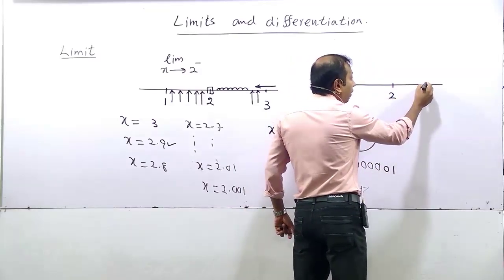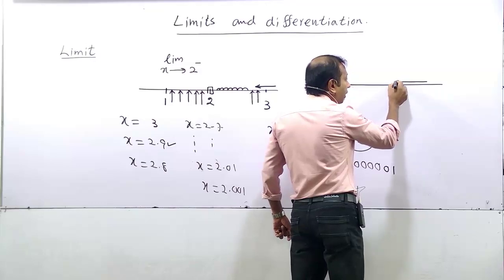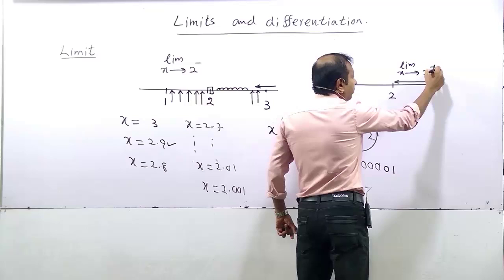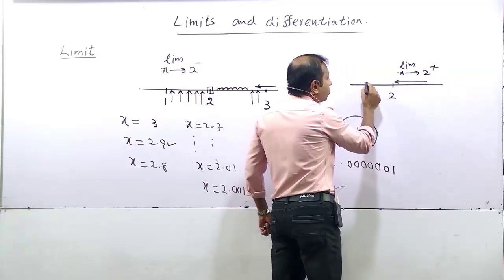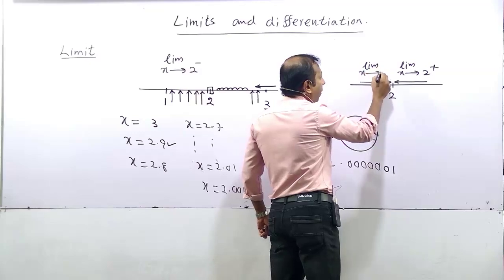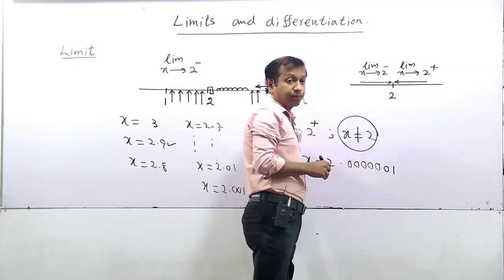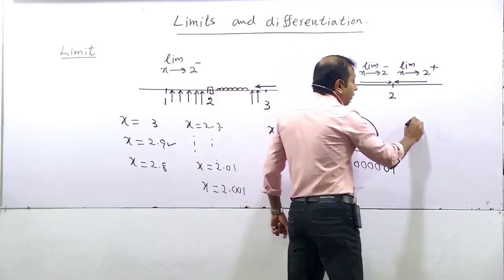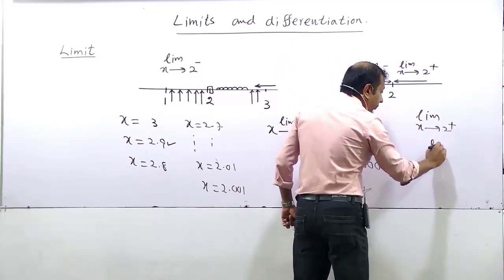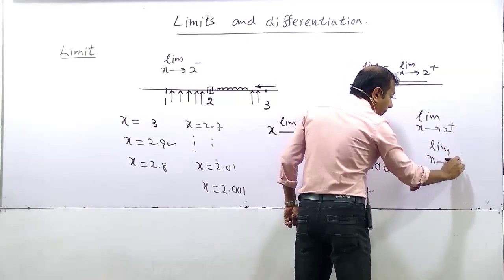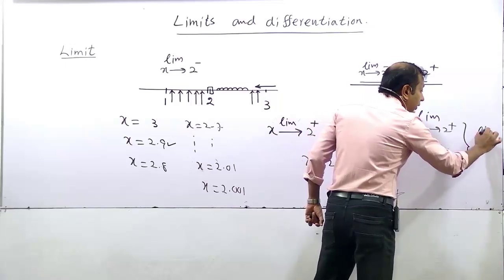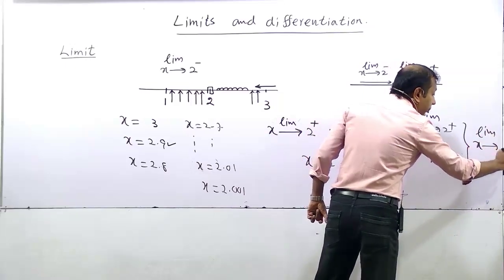X comes to this 2 on the right hand side, and it is written like this. And x comes to this 2 on the left hand side of 2 like this. Once we write both together, we write them as lim x goes to 2.